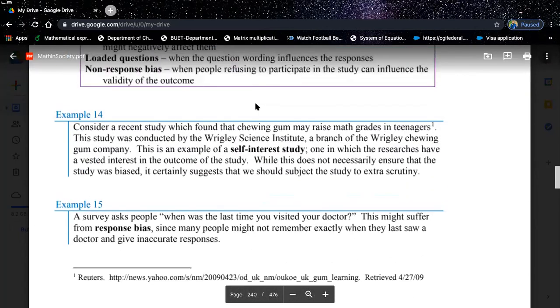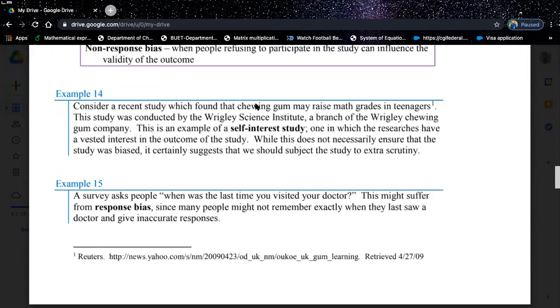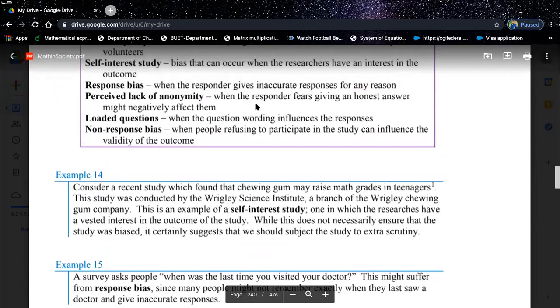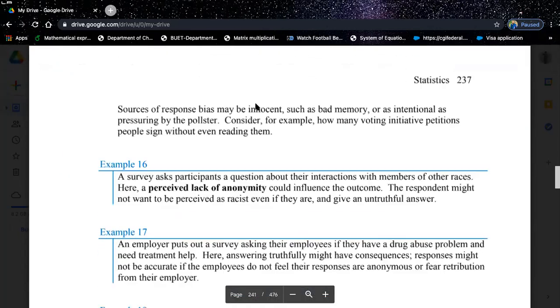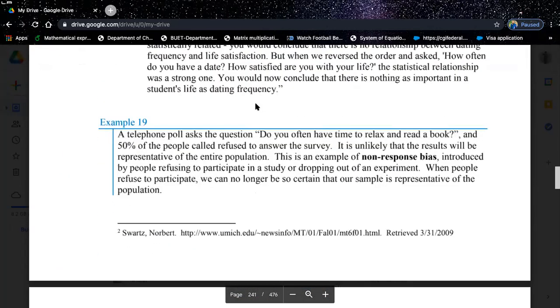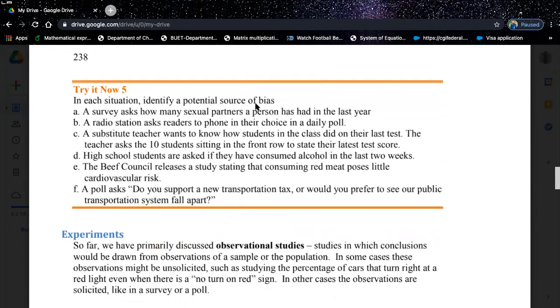Or what if I say non-response bias? I can see one response bias. What if I say non-response bias? People might refuse to take part in that survey, right? Okay. So as you can see, you may have different opinions, and it could actually have more than one answer. That's the funny thing, right?